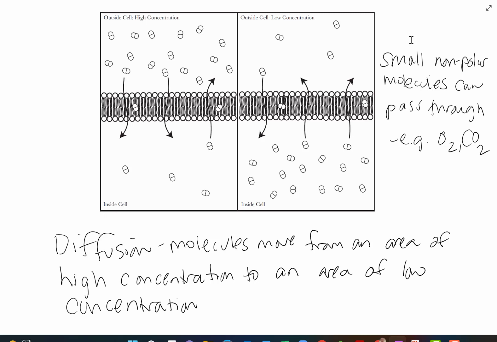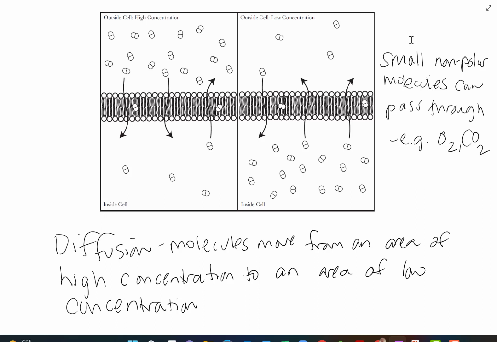So in this picture, we're looking at diffusion in a cell. And these little molecules would represent, again, something like oxygen or carbon dioxide, something that is small and nonpolar, and it can easily pass through the cell membrane.